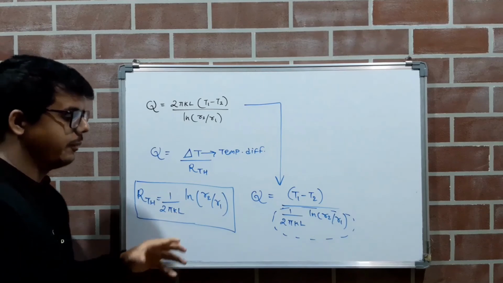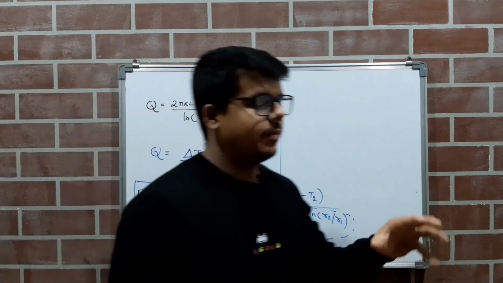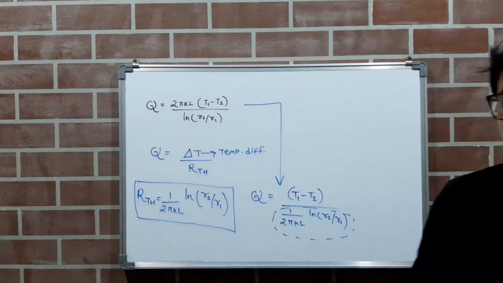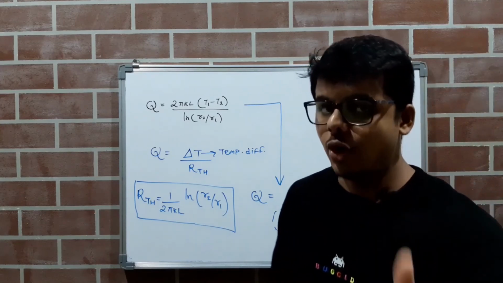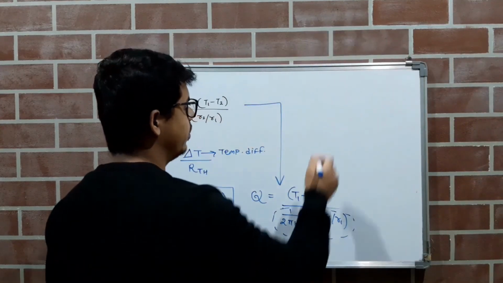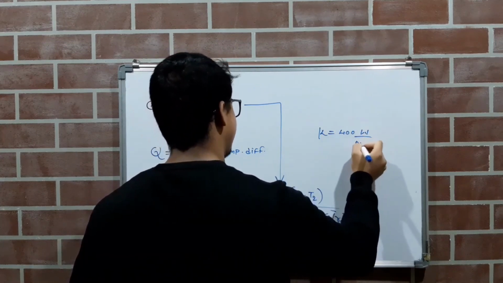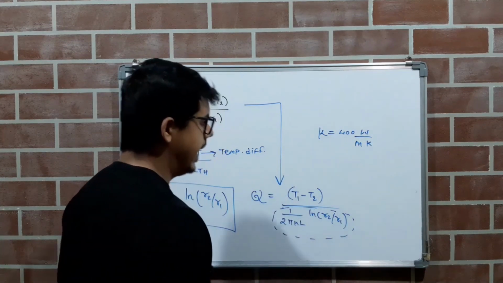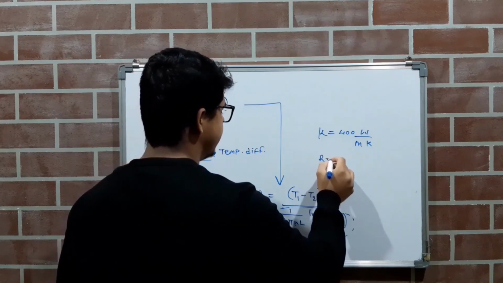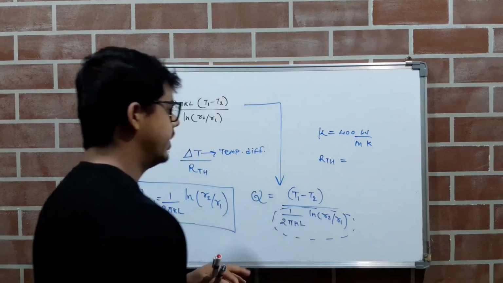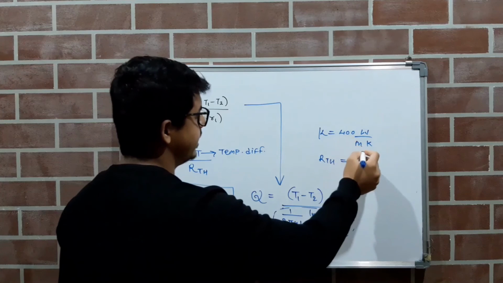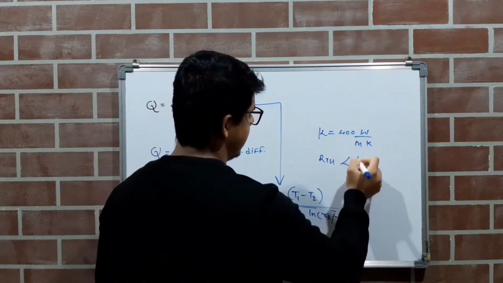If we have thermal conductivity, let's say 400 watt per meter Kelvin, and we find our RTH, then it will definitely be less.